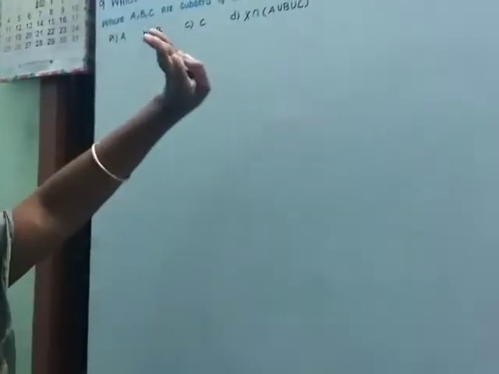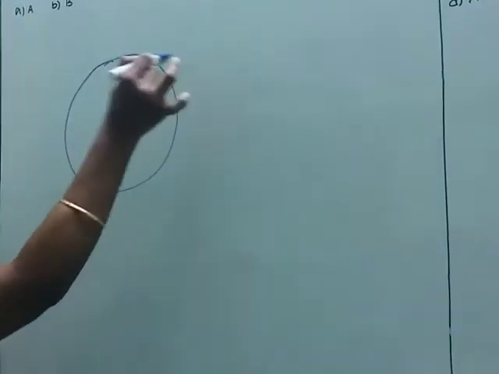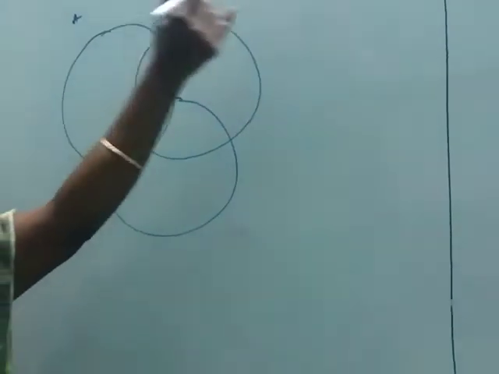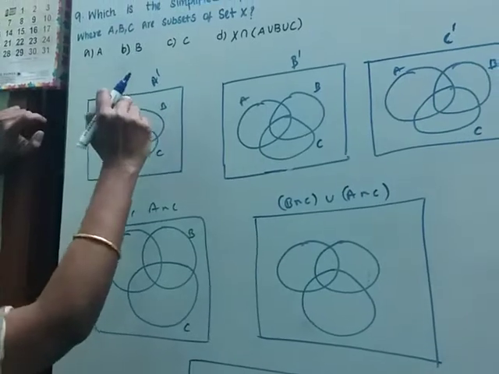So the Venn diagram is the best. So here we are going to draw the Venn diagram. A, B, C. First we are going to draw A dash.